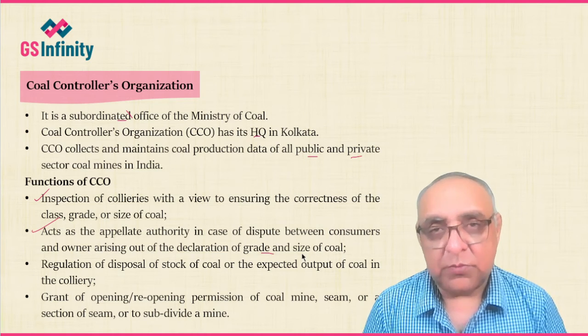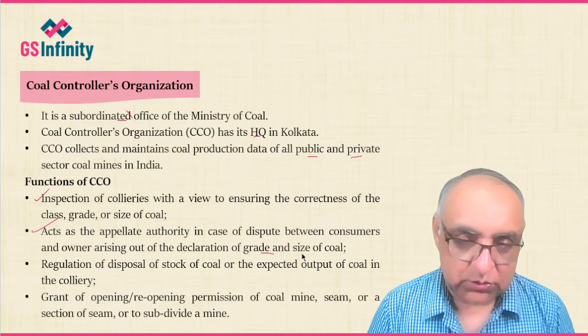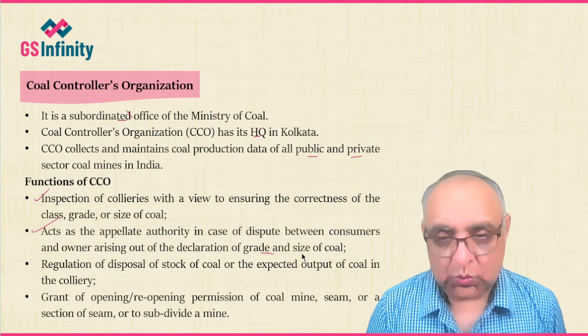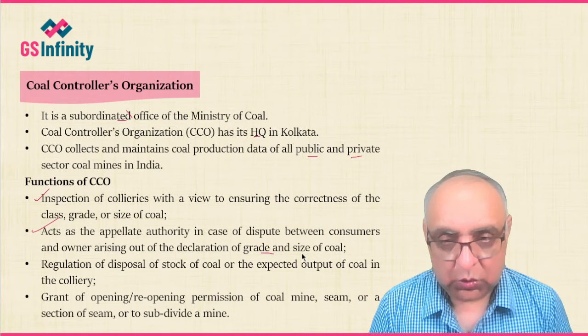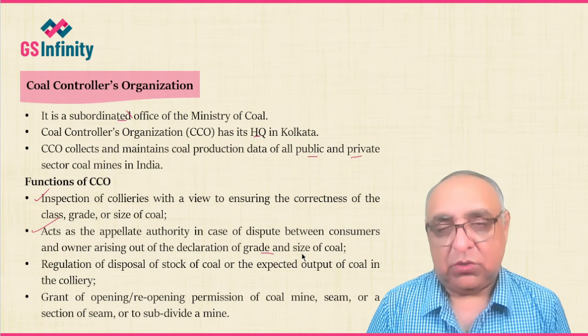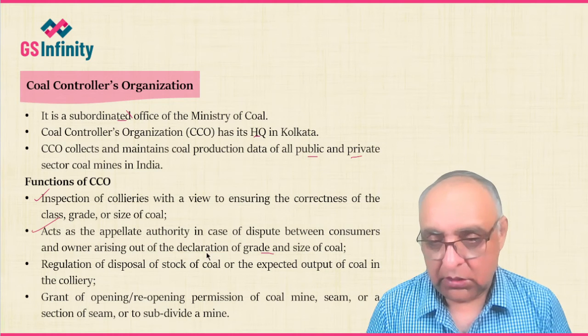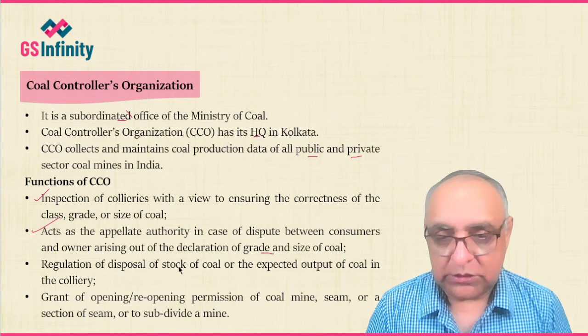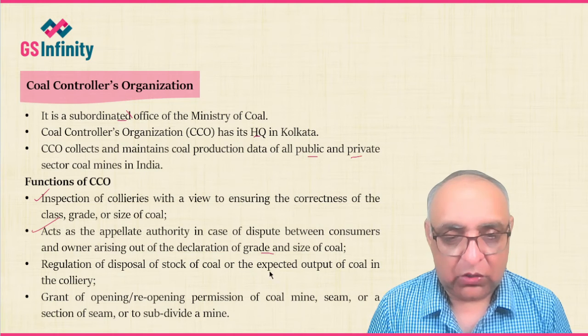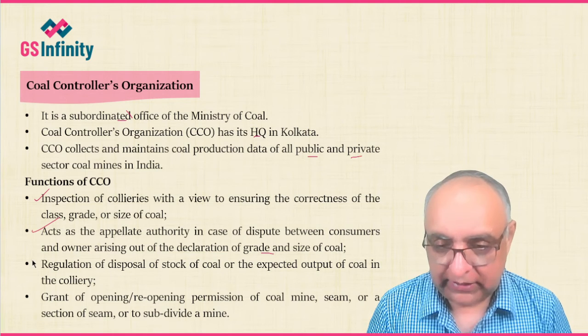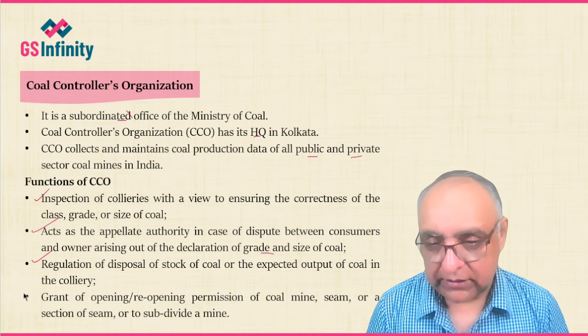So any dispute related with the grade and size of coal goes to the Coal Controllers Organization because it functions as an appellate authority in such cases. Regulation of disposal of stock of coal or the expected output of coal in the colliery. So it works for that also.